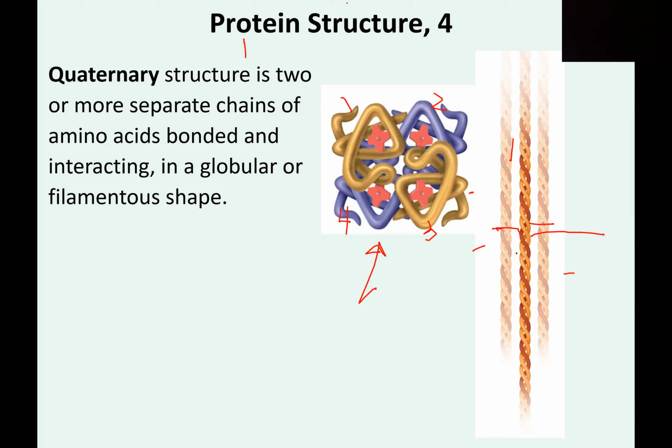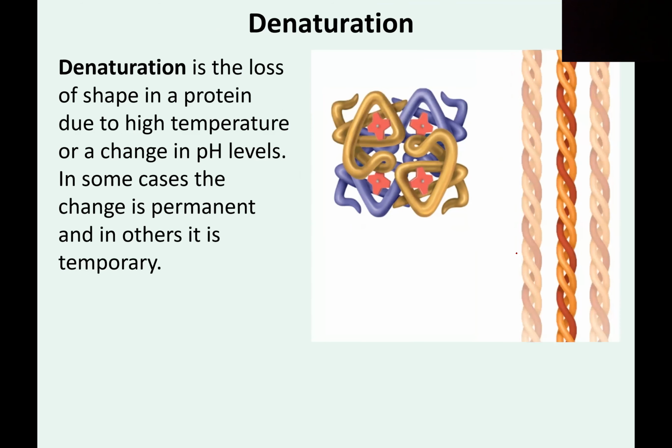Again, because shape is so important, you have the term denaturation. Loss of shape in a protein because of high temperature or a change in pH levels. Sometimes the change is permanent, and in others, it's temporary.